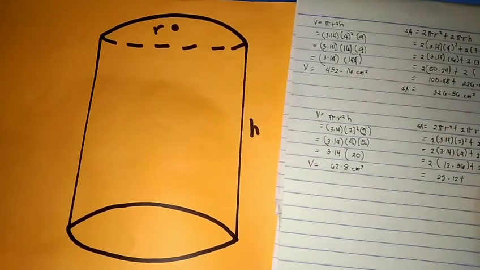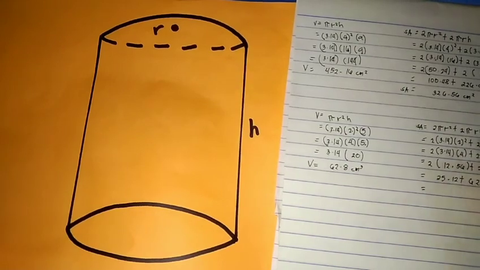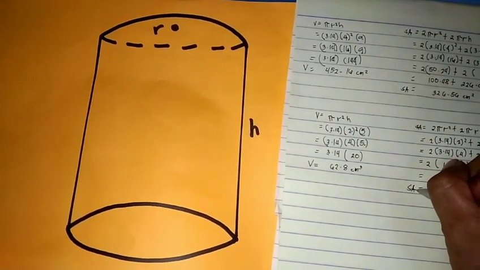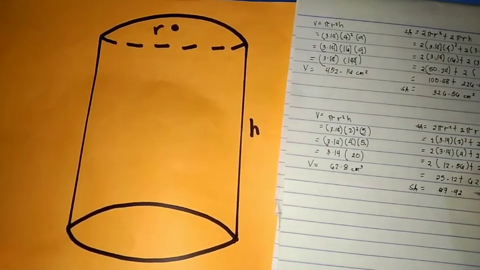Multiply 2 and 31.4 to get the value of 62.8. And add 25.12 and 62.8 to get the exact value of its surface area of 87.92 centimeter squared.